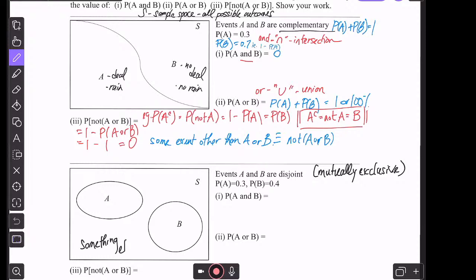Say something else. Anything else, that's right, something else is out there. There could be other events, but we're not focused on there. But the point is, how do we express this in terms of A and B?